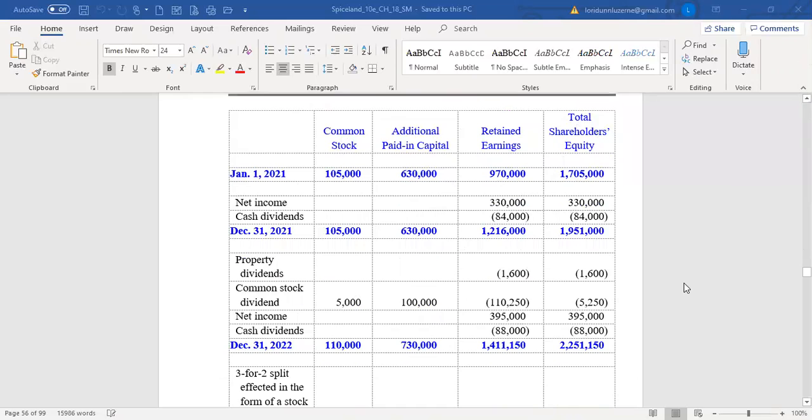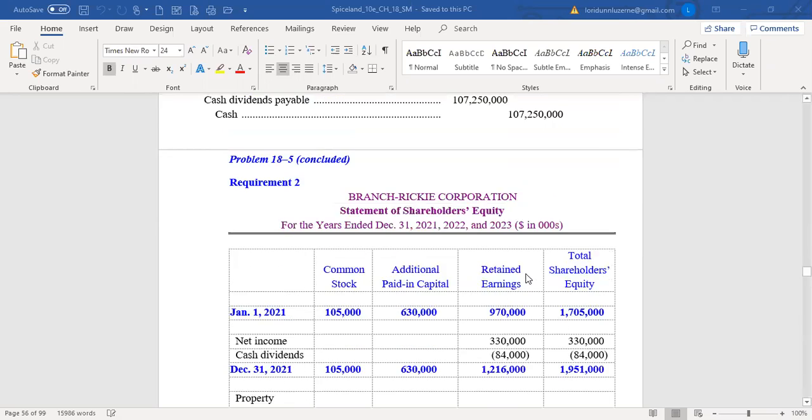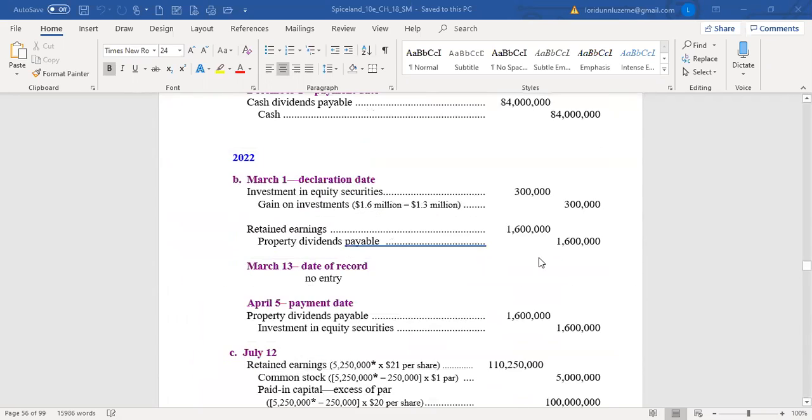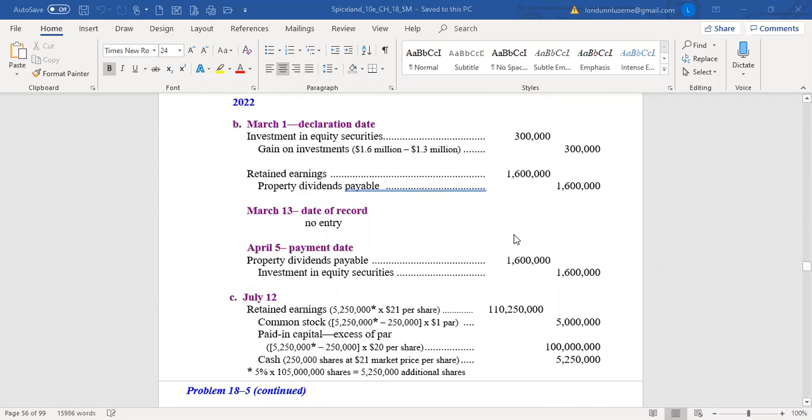During 2022, though, we had more items affecting our shareholders' equity. The first was the reduction to retained earnings due to that property dividend of 1.6 million. So this is up here. Here it is, right there. Let's take a look at what else.